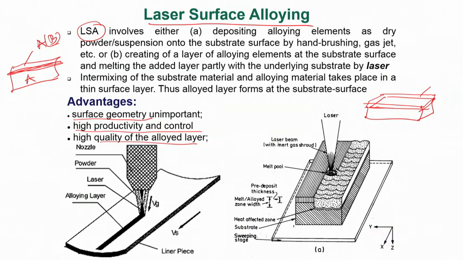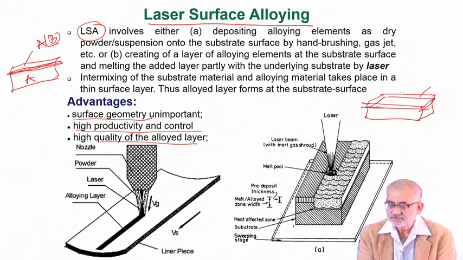So whatever means are available before us, we can create a certain layer on top which is compositionally different, maybe an element, maybe multiple elements, maybe a compound and an element. Whatever we choose, we deposit on the top surface.